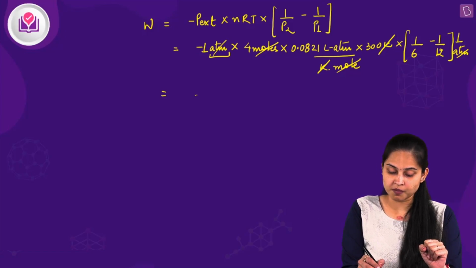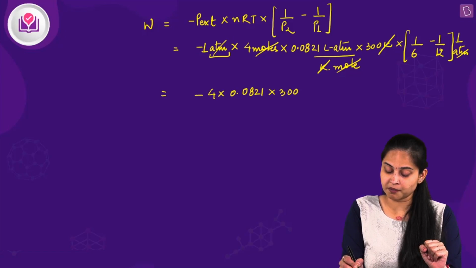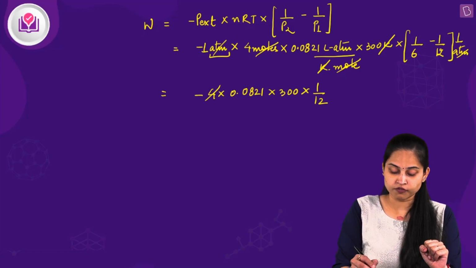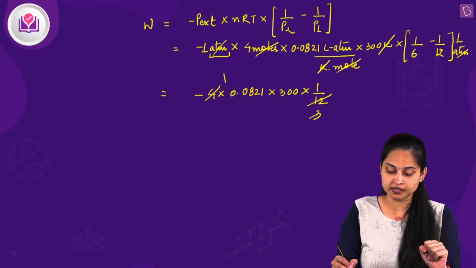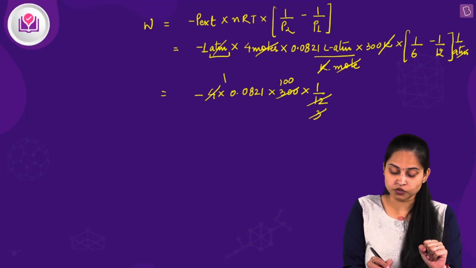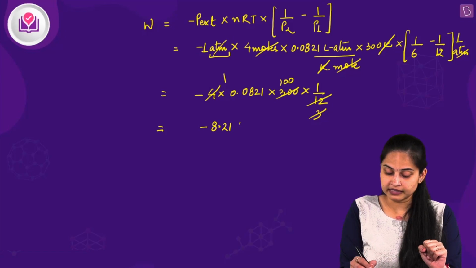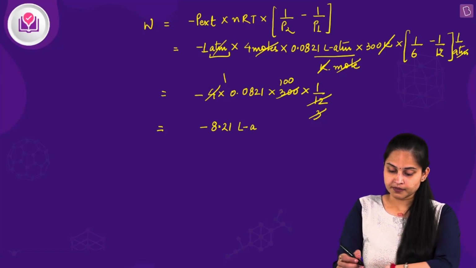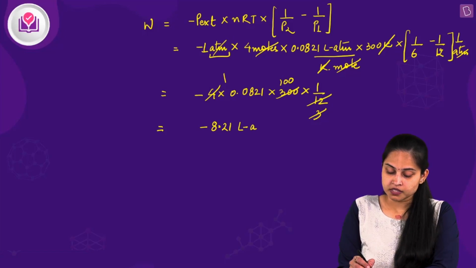It becomes minus 4 into 0.0821 multiplied by 300 multiplied by 1 upon 12. So it's 4 ones are 4, 3 threes are 9 and this 100. So you will get the answer as minus 8.21 liter, because it's 0.0821 multiplied by 100.